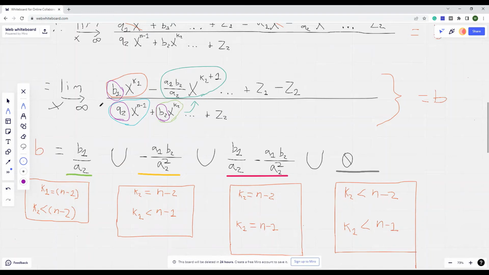So let's say, for instance, and I'm going to use a different color, that k sub 1 is equal to n minus 1. Well, then you know that term in the numerator, the power of k sub 1, is being raised to the same power, the same n minus 1, in the denominator.